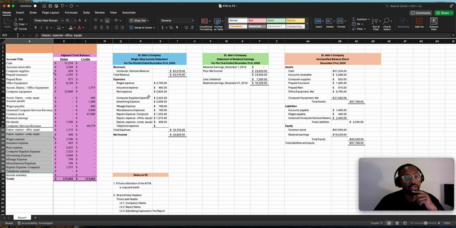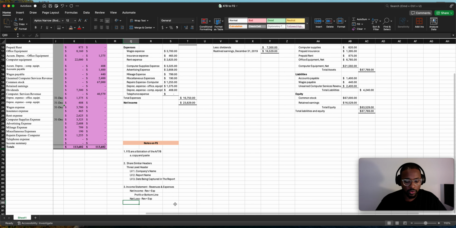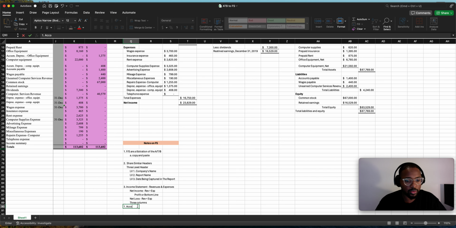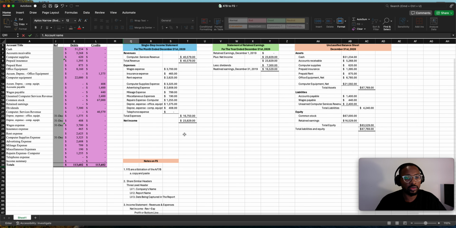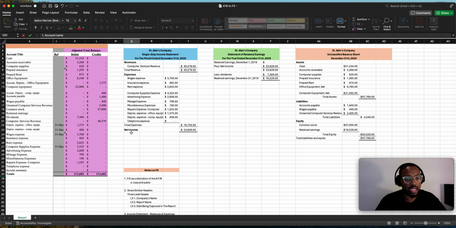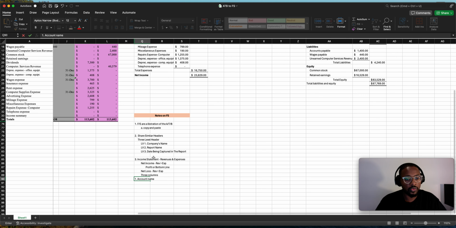Now, I do want you to note, guys, here's another note for you all. There are three columns in the income statement. Column number one is going to be the account name. So that's what you see here, the account name. Now, this is also very important.